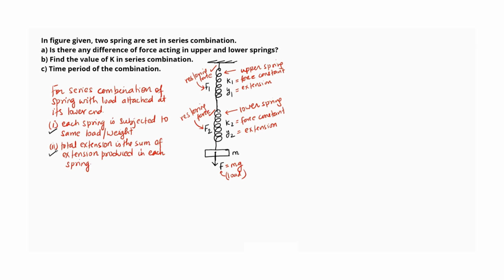So using these two facts for series combination of springs, we are going to explain A and find the value of K and the time period in this question. And we are asked to find K in series.